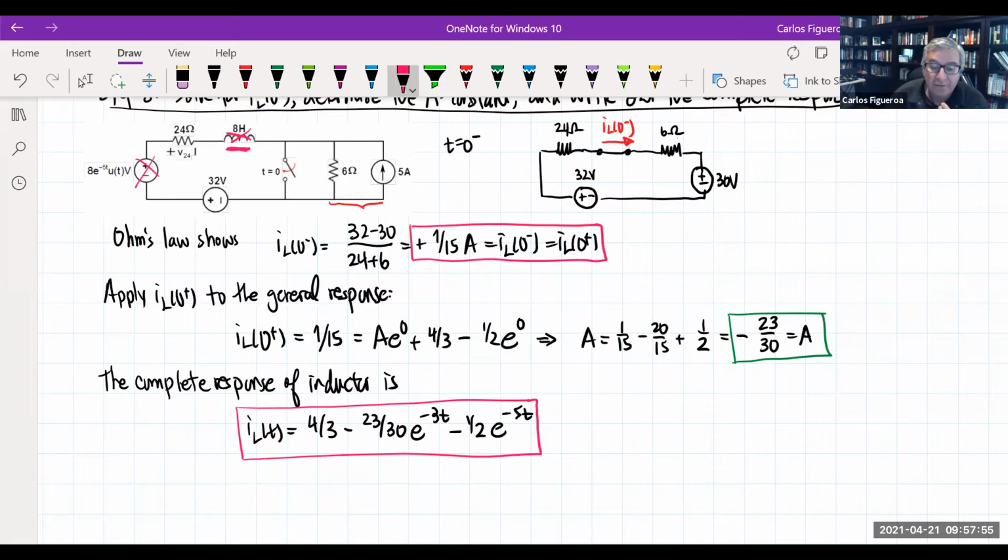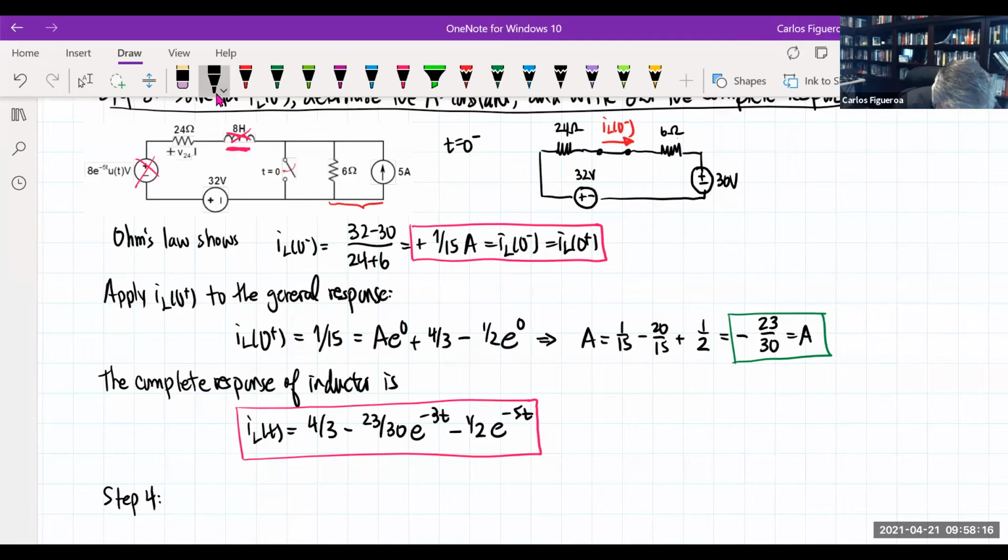So what I want to do here is go in and solve the circuit problem. And the circuit problem that we're talking about has to be the voltage of the 24 ohm resistor. So now we're at step 4.